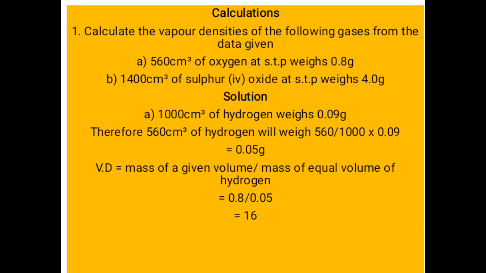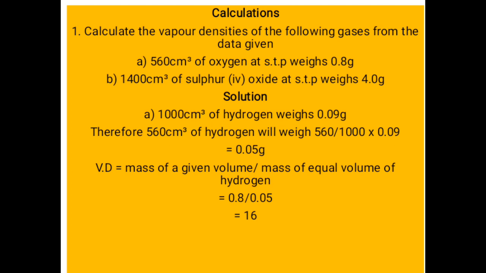You are asked to find the vapor density. Remember the formula. In this particular case, we have mass, so we are going to use the formula that has to do with mass. But before using the formula, look at the solution first.